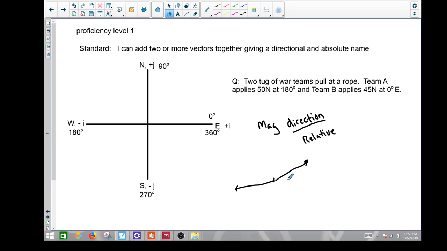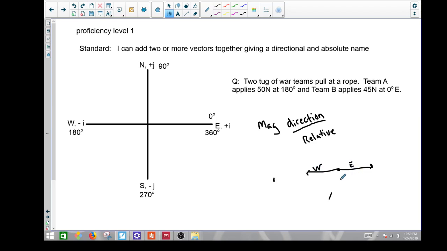You could say this one pulls it west, this one pulls it east, and they're pulling in opposite directions. There's the middle point, west and east.